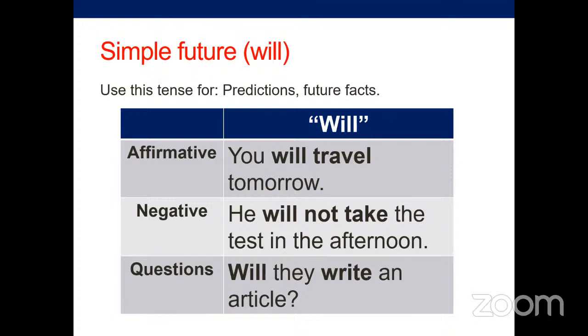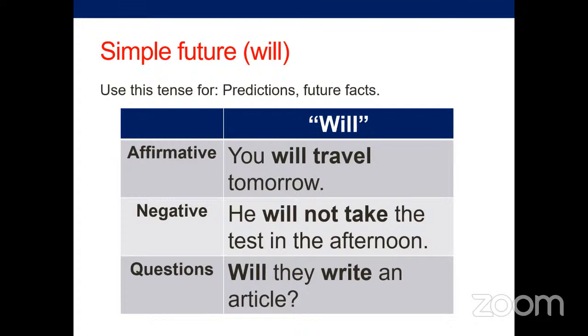Also, you use will in questions for requests. When you want to ask, for example, "¿me ayudarías?" you can ask, will you help me? Instead, you can say, would you help me? Like this model that I'm going to write in the chat, would. Or you can also say will you help me?